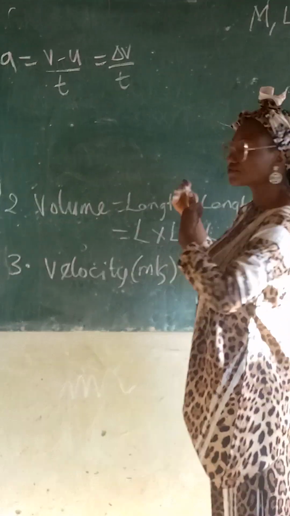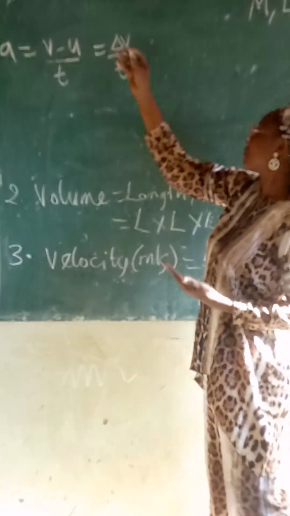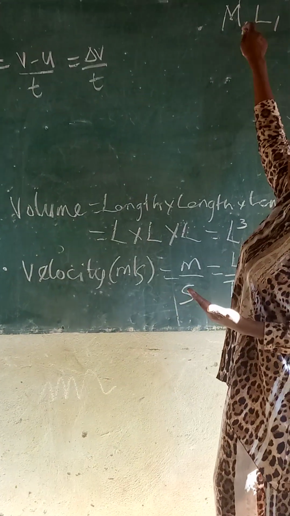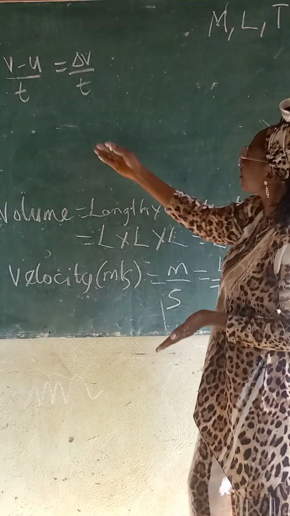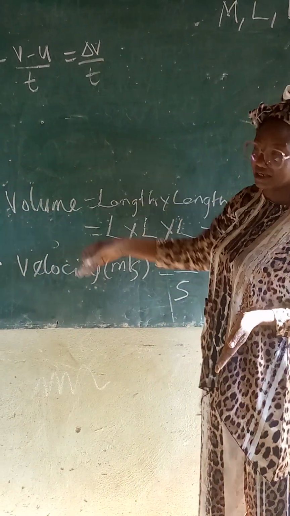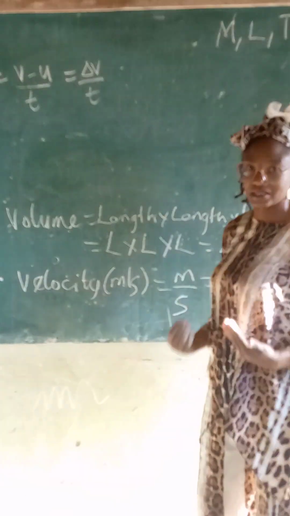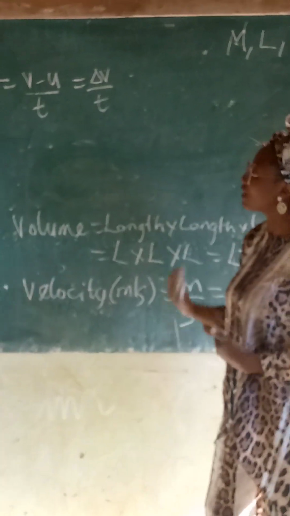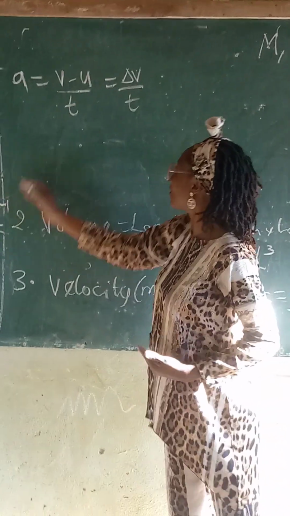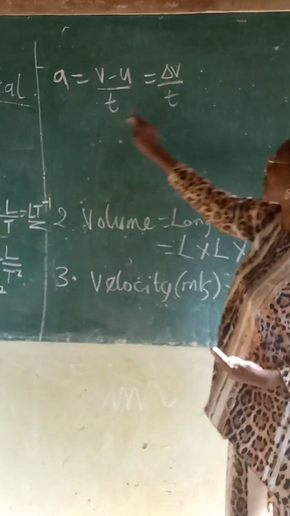Now V does not go with anything here, so we simply break down velocity again. To save time, since we have done velocity before, I will simply put the dimension of velocity here.